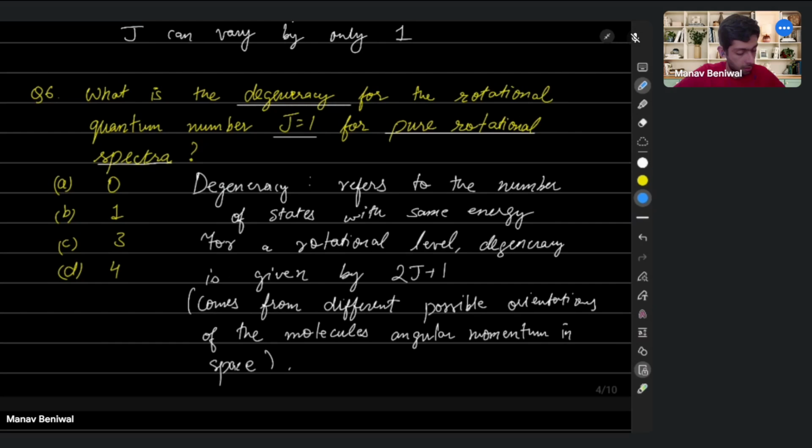So here J is 1, so 2J plus 1 is simply 3.